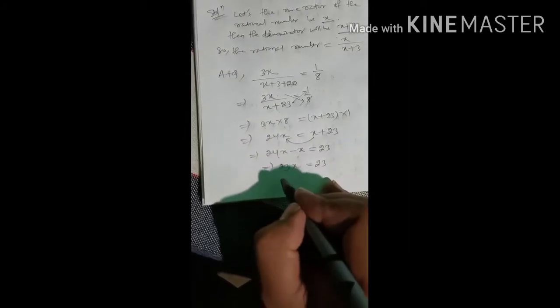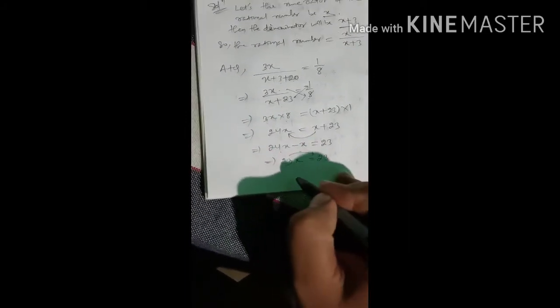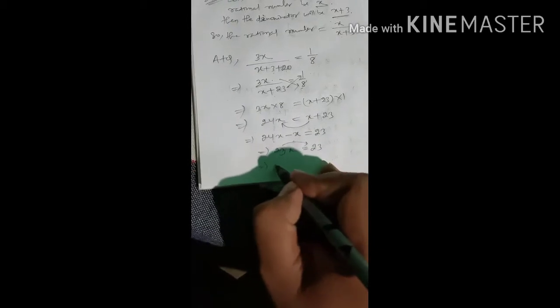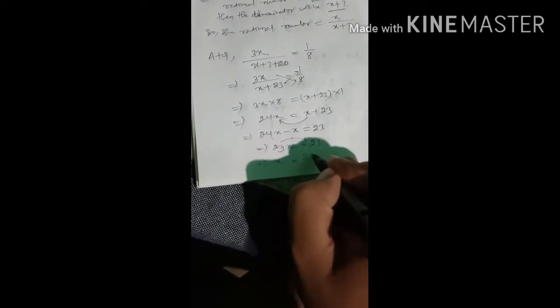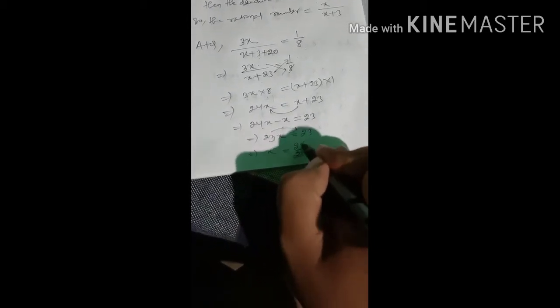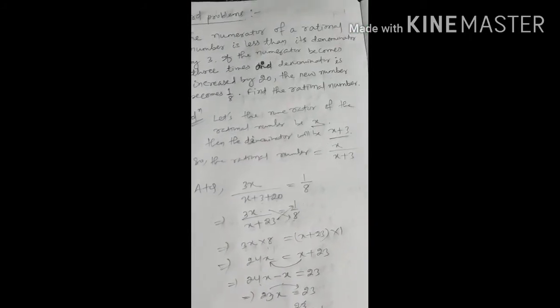Again, if we transpose 23 to the right hand side, it will divide. x is equal to 23 divided by 23, and we get 1. Here the value of x is equal to 1, but our question is to find the rational number.